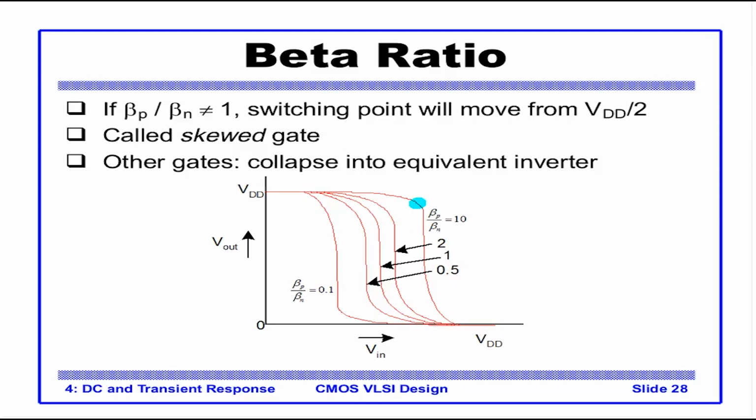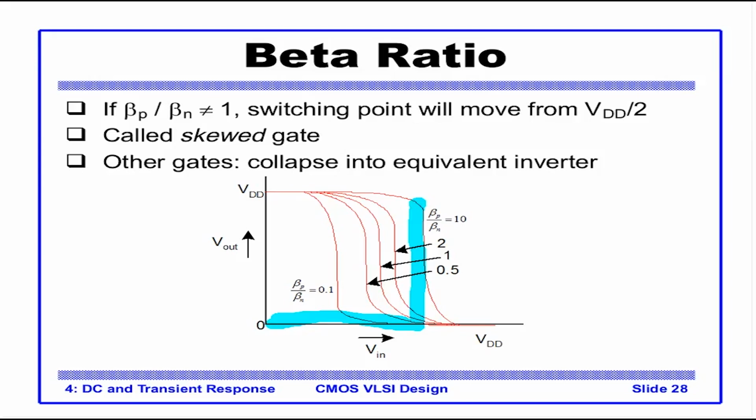So for a major part of the VIN to VDD ratio, the PMOS will remain in linear region, that is on, and the NMOS will remain in cutoff for this major part of the curve. For the minor part, obviously the NMOS will be on.